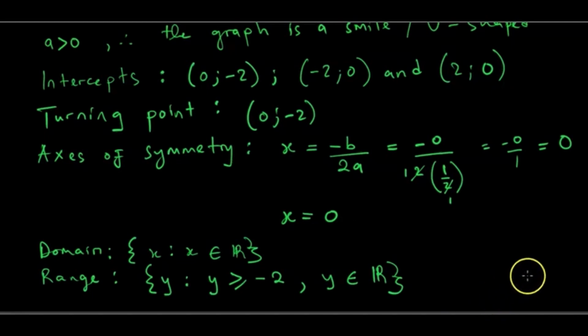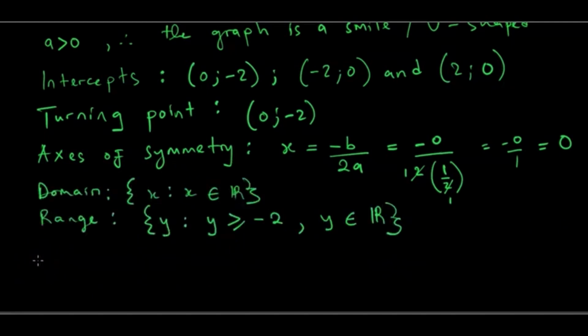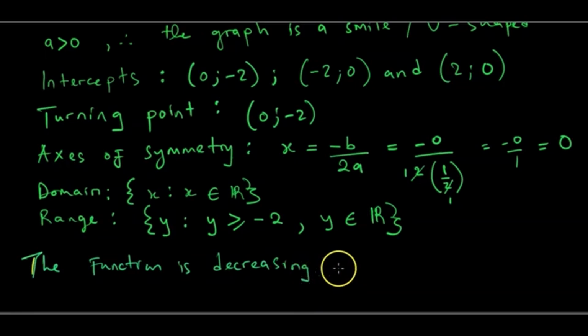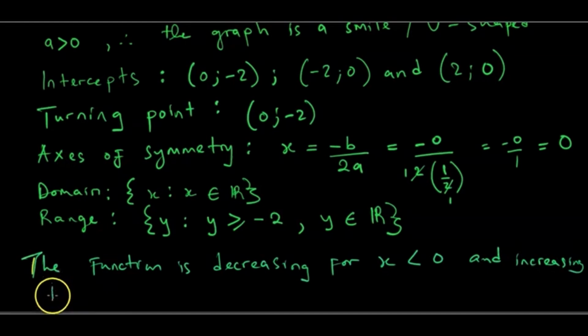Then from here, our last point is we now have to know the nature of our graph, of our curve. So the nature of our curve or graph, the function is decreasing for x is less than 0 and increasing for x is greater than 0.